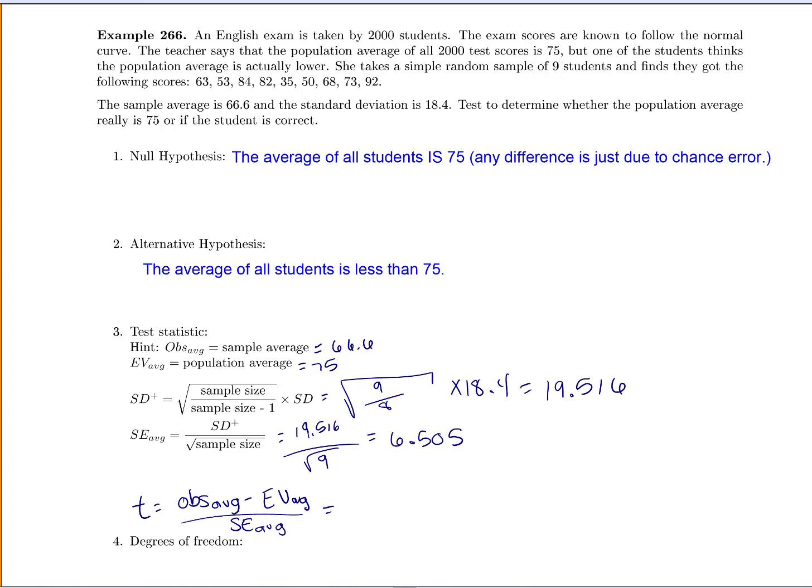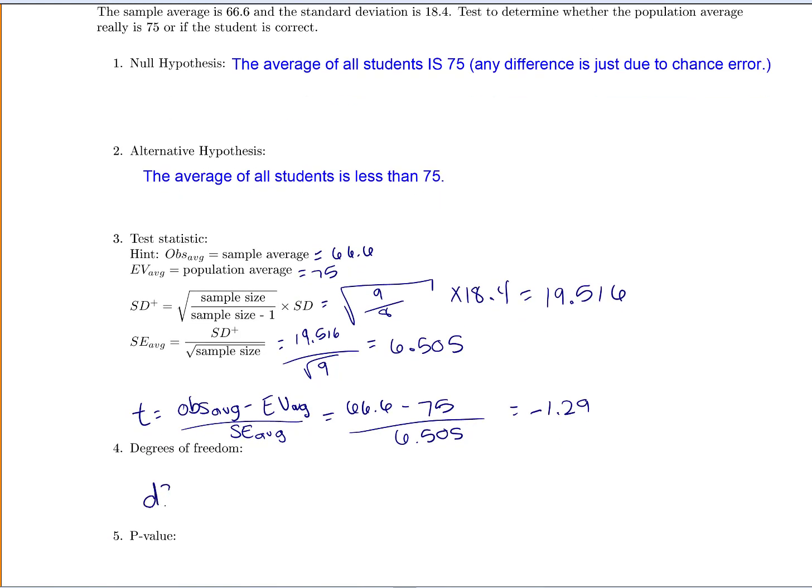So the observed average is 66.6 minus the expected value... Oops, I looked at the wrong line. The expected value for the average is 75. So 66.6 minus 75 divided by 6.505 equals negative 1.29.